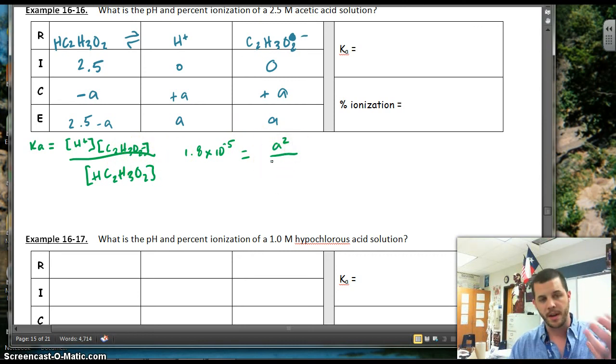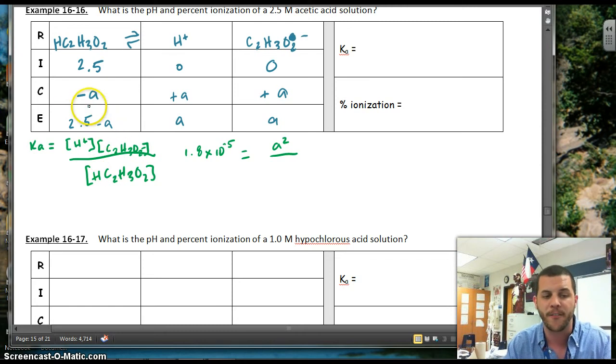Now, something we need to be aware of is that this value for A is going to be a very small number, something times 10 to the negative 3 or 10 to the negative 4, maybe even 10 to the negative 5. So if I do 2.5 minus a really small number, it's still going to pretty much round to 2.5. That's an important concept to understand because it makes our math a lot easier.